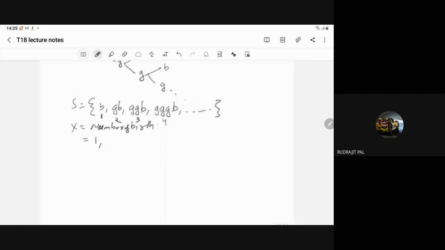So X can take the values 1, 2, 3, 4, and so on.